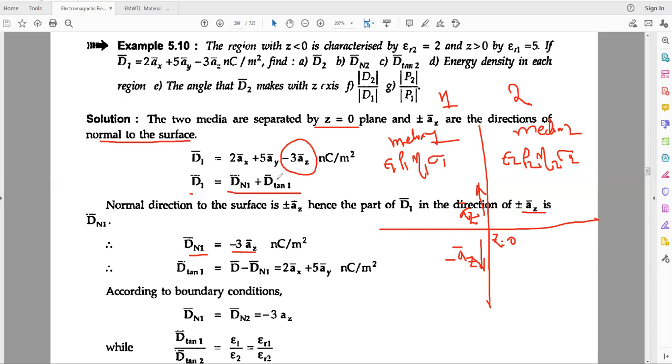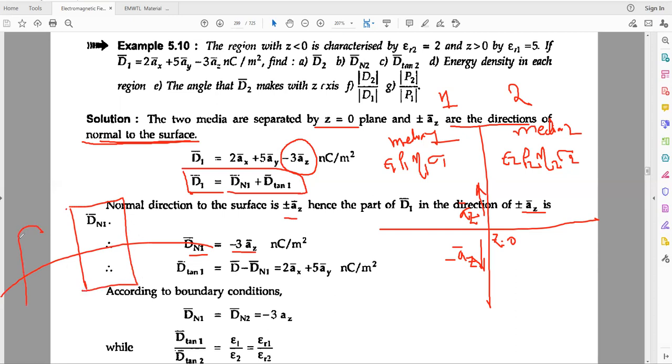Then from this equation, the relation between D1 is the normal and the tangential. D1 is along the normal component. See here, plus or minus AZ bar are the directions of normal to the surface. Actually, the boundary is like this. You can take a rectangle to find the tangential component, and a cylinder to find the normal components.